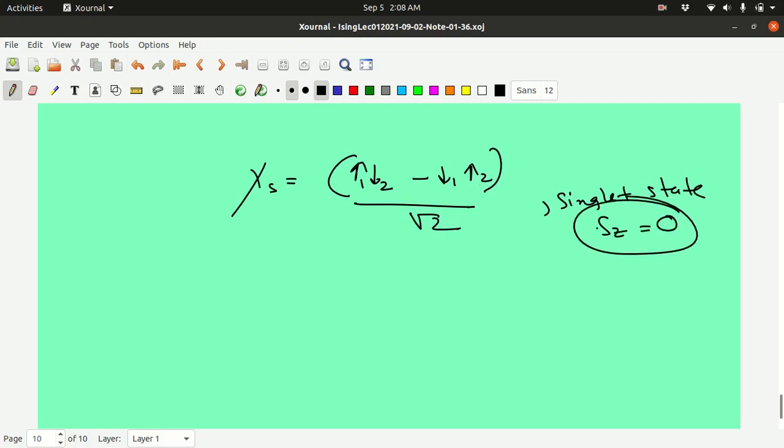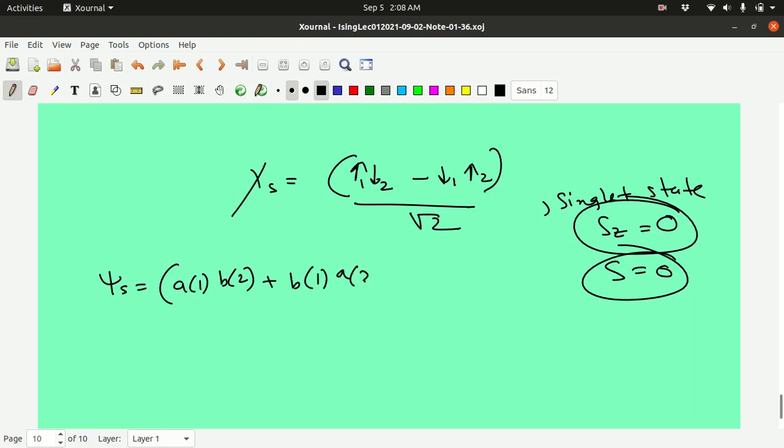Singlet state means Sz will be equal to 0, because of this anti-symmetric property, and this will also correspond to total spin S equal to 0. The corresponding symmetric spatial wave function will be psi S equal to A1 B2 plus B1 A2 divided by square root of 2.